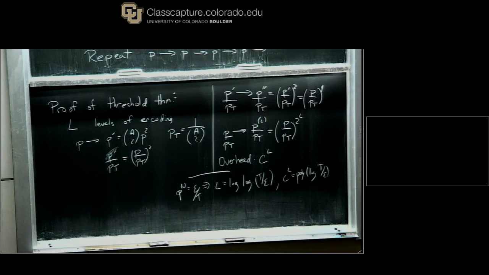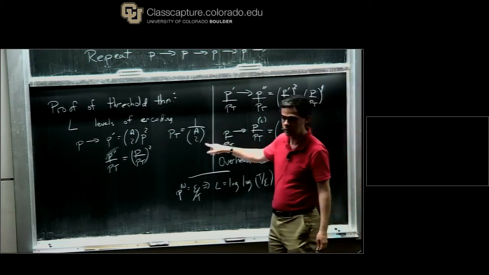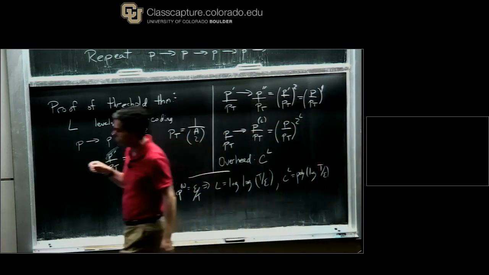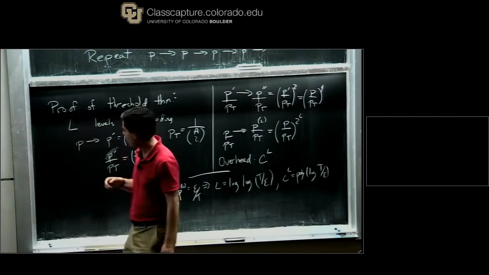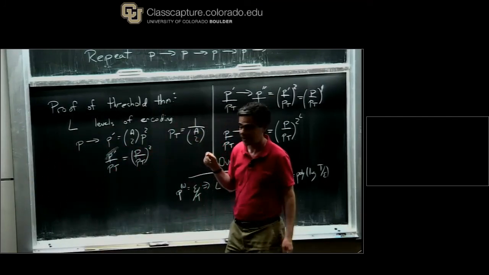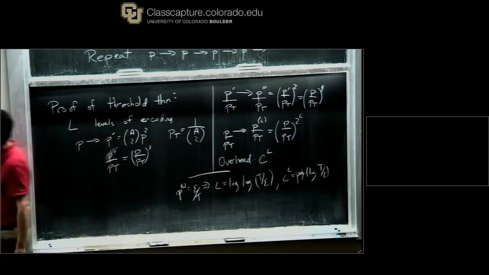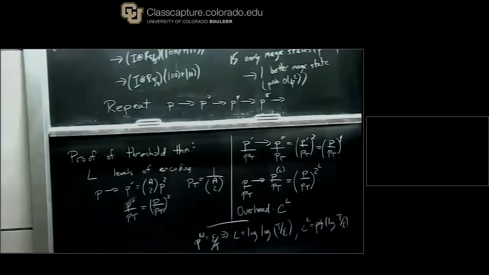Yeah. So over there you said that p_T is 1 over A choose 2. That's different from those estimates over there. Yeah, it is. So, well, first of all, I didn't tell you at all what A was. If you do this for the 7-qubit code with the A choose 2, you get like 10 to the minus 6 or so.